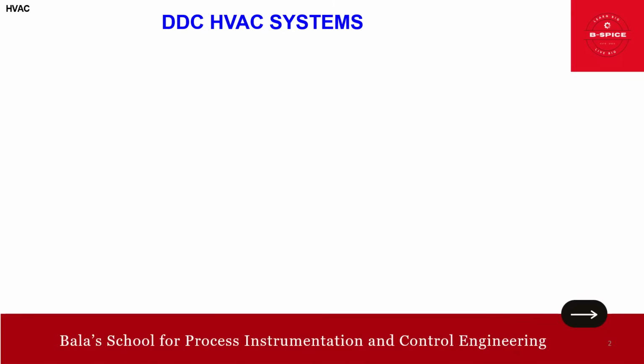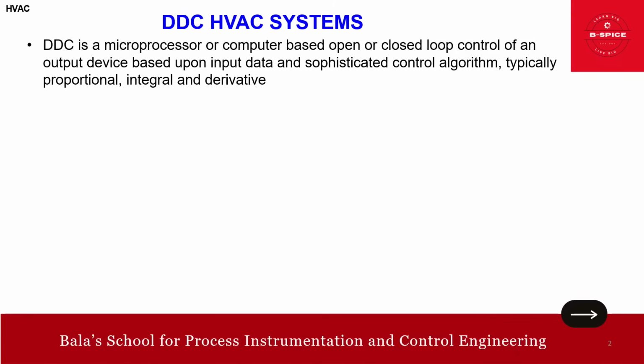Okay. So let's talk about the intro first. As we know, DDC is a microprocessor or computer based open or closed loop control of an output device based upon input data, and sophisticated control algorithms, typically proportional, integral, and derivative, which we have in fact already discussed in one of our videos.